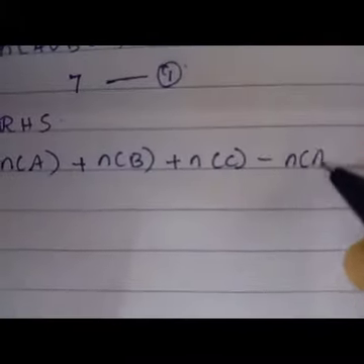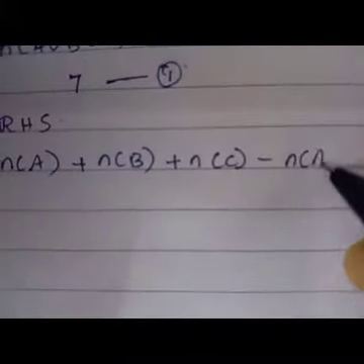Minus n of A intersection B is 3, minus 2, minus 3, plus 2. Now add all the positive signs: 5 plus 4 is 9, 9 plus 4 is 13, 13 plus 2 is 15.